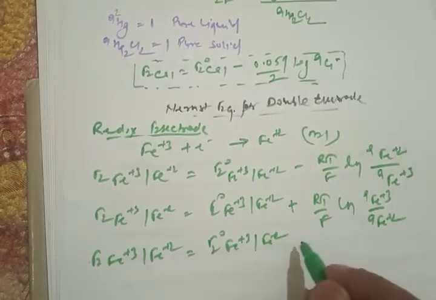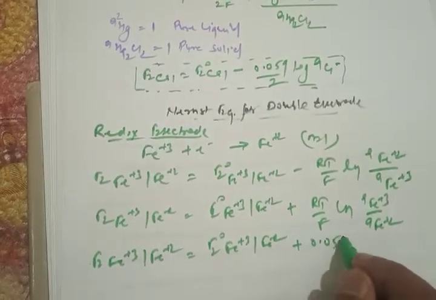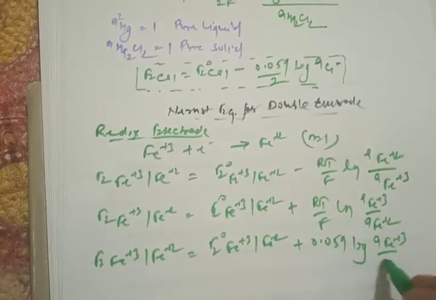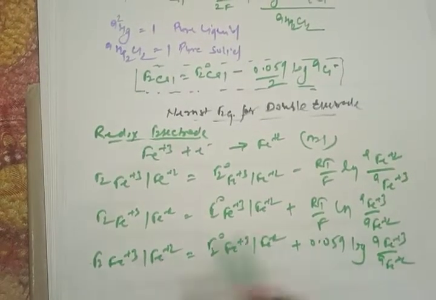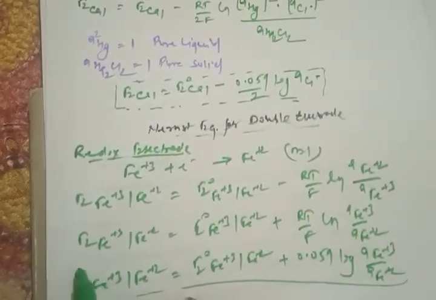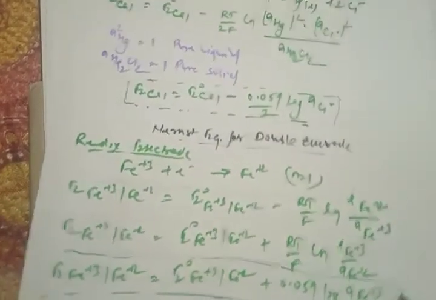If you change in the value, this will be 0.059 log A Fe+3 and A Fe+2. So this is the final equation in case of redox electrode.